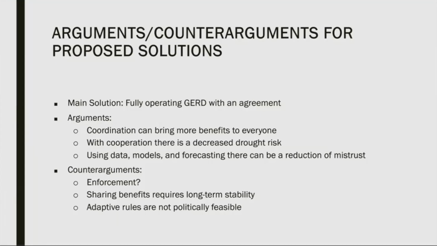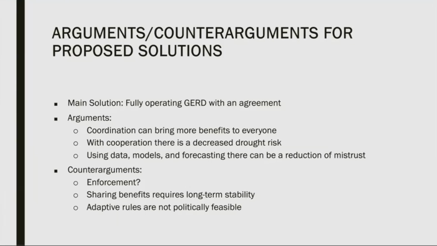There really isn't a way to enforce this agreement. And again, sharing these benefits does require long-term stability. It requires the political environment to not shift, and for the world to kind of be at the same place as it is now, just not really any conflict, and that's not exactly feasible all the time.